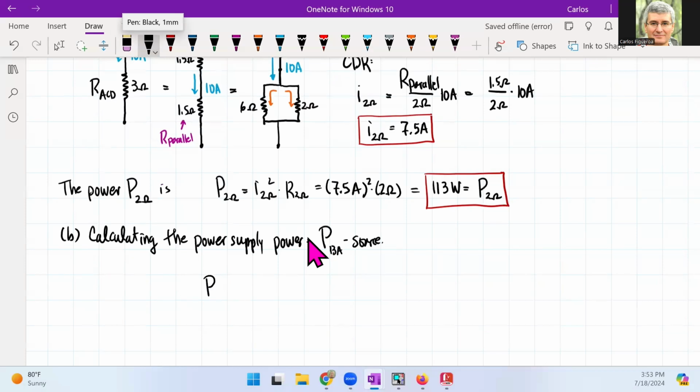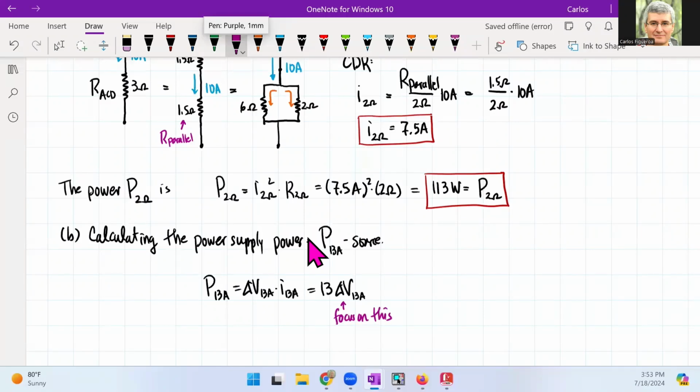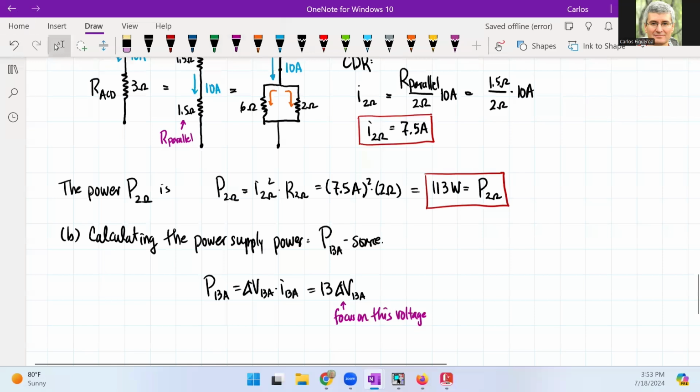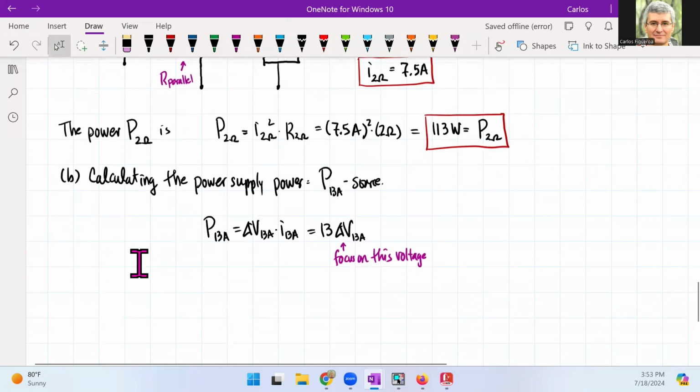If I look at this, the power of the 13 amp source has to be its voltage times its current. We know the current, we don't know the voltage. So we need to focus on this voltage. And from example 1, typically the information that you have available really helps to reduce what you have to calculate.